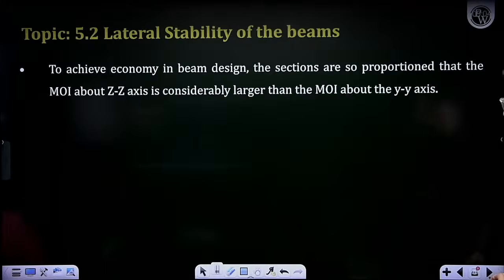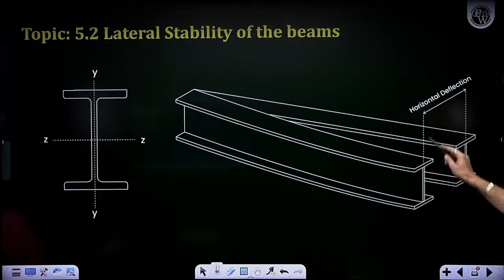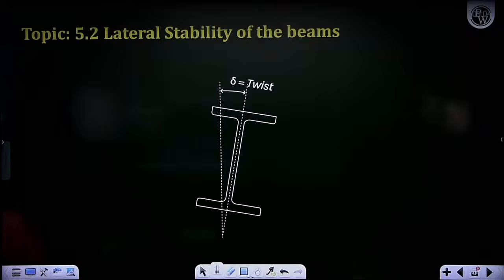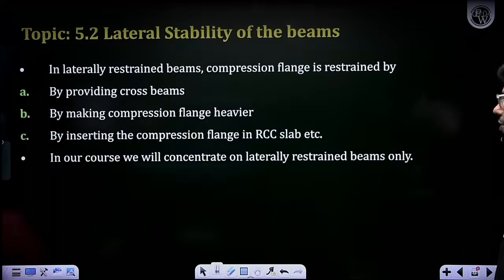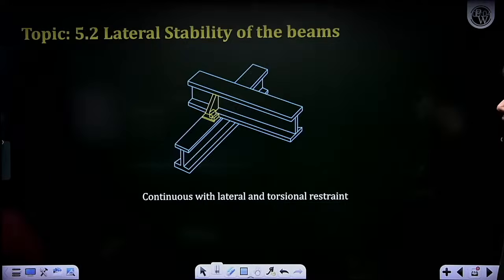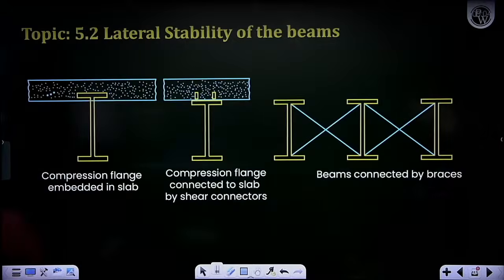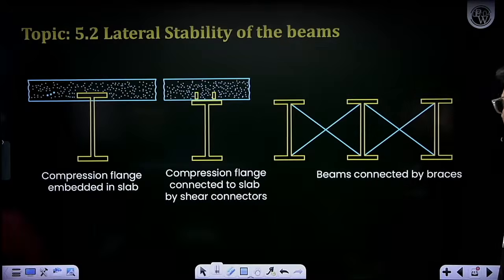So the compression flange has a tendency of buckling about this yy axis, but the tension flange will not allow it to buckle, due to which we can have a rotation also that will lead to lateral torsional buckling like this. But in our course we will study only laterally restrained beams. You can laterally restrain a beam by provision of cross beams, or by embedding the compression flange into a concrete slab, or you can use this kind of bracing also.